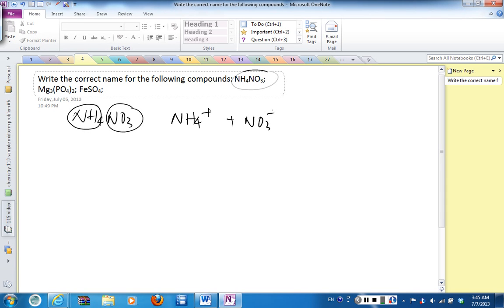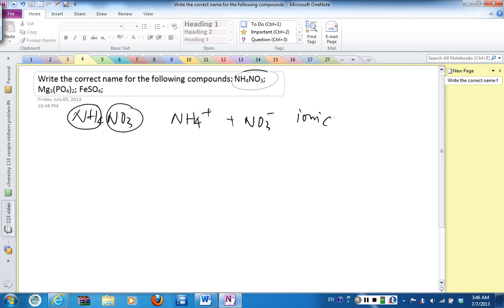Both are polyatomic ions and each has 1 unit of charge, so they match up one-on-one perfectly. Alright, after knowing that this is an ionic compound, then naming should be pretty simple.